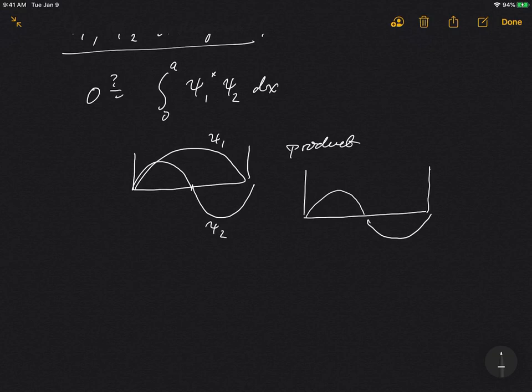And let's think about this integral graphically. An integral, of course, is the area under the curve. Now, because of the underlying symmetry of these functions, the area under the first half of the curve is going to be equal to the area under the second half of the curve, but the second half of the curve is negative, right? It's sort of a negative area. It dips below the psi equals 0 line.